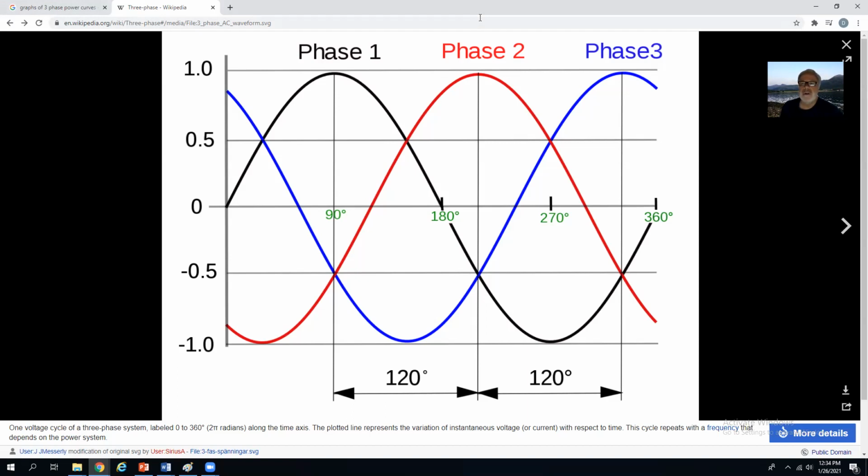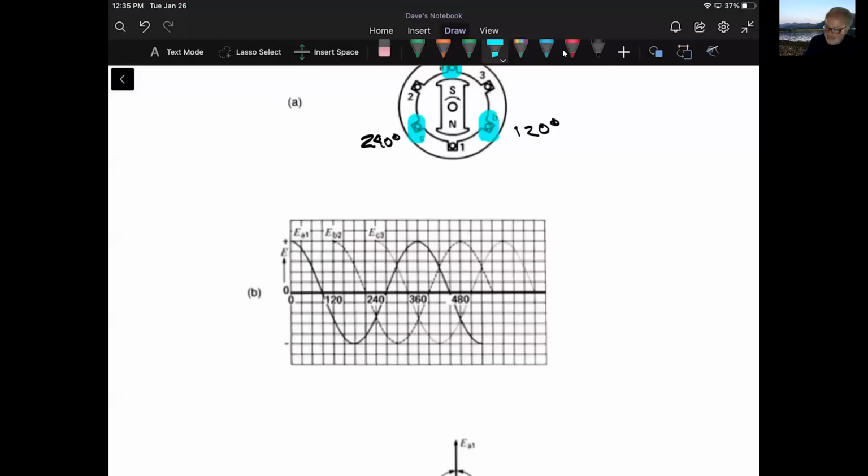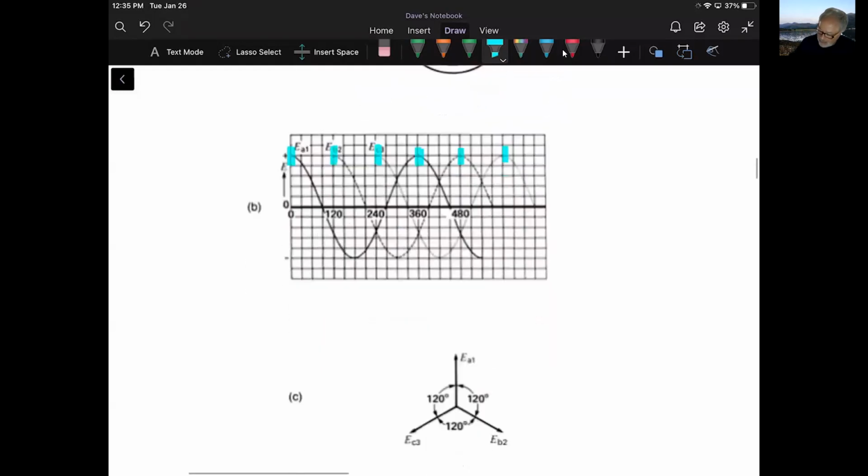Electrically, it's 120 degrees. Now back to our textbook, we can see those points on the graph again, and the 120 degree separation remains a constant through the whole thing, and that relationship is maintained throughout.